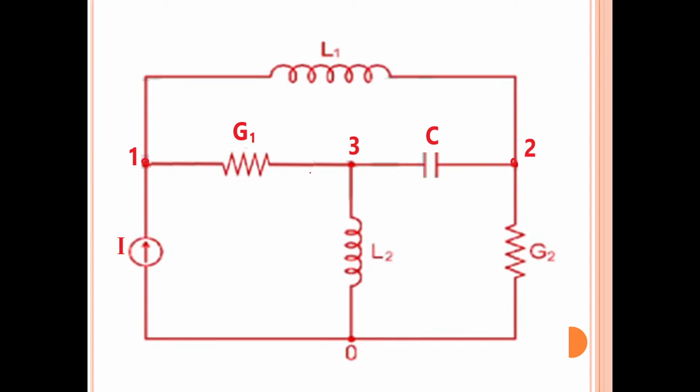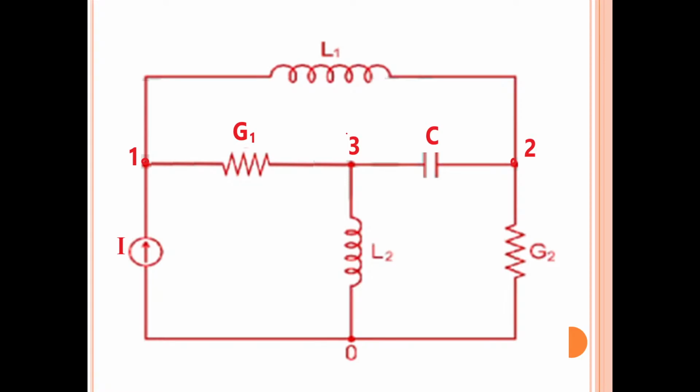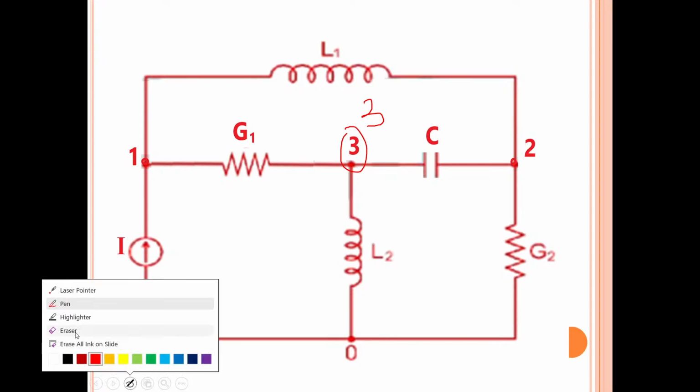You can consider nodes 1, 2, 3 in a straight line, and in between 1 and 3, G1 is there.